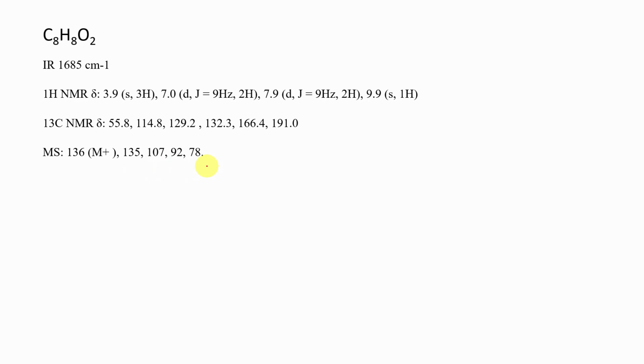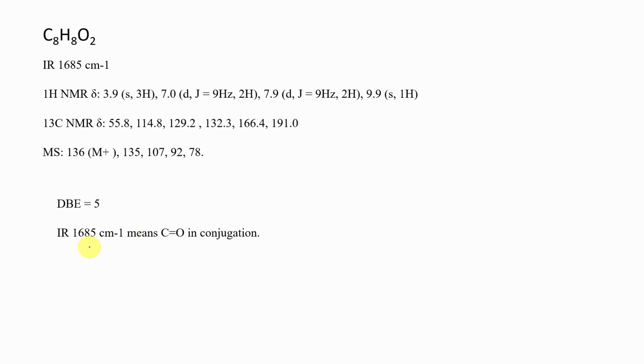Then how can you determine the structure of this molecule? First of all, we have to calculate the DBE. The DBE in this case will be 5. That indicates an aromatic or benzene ring, and also a pi bond.